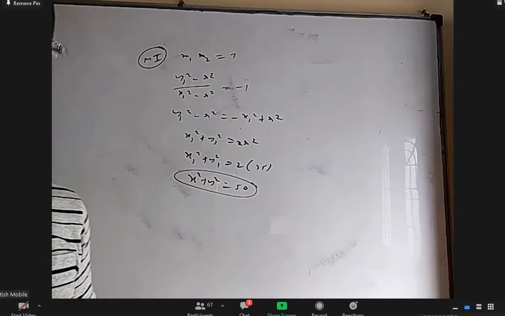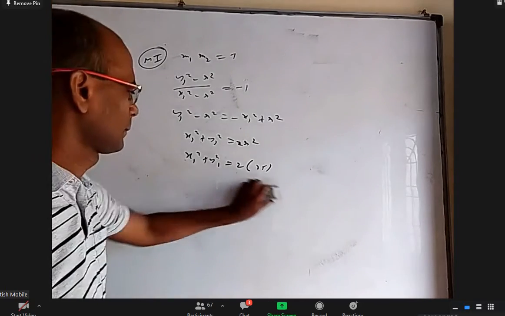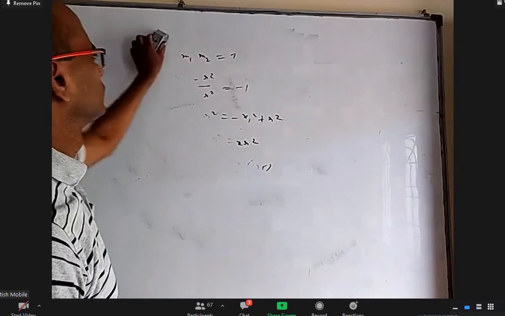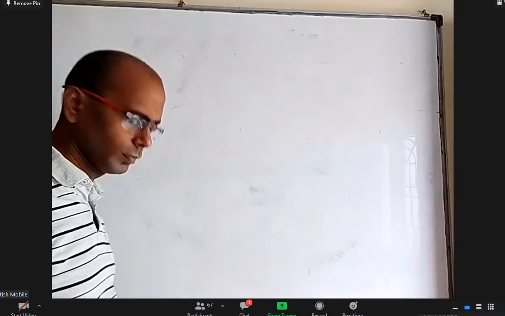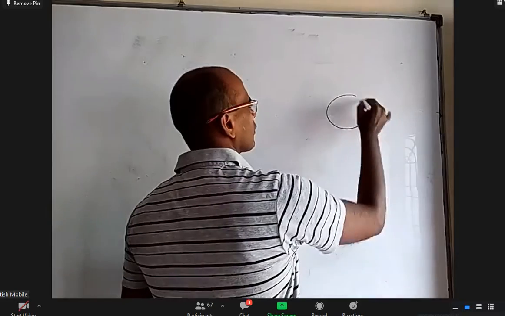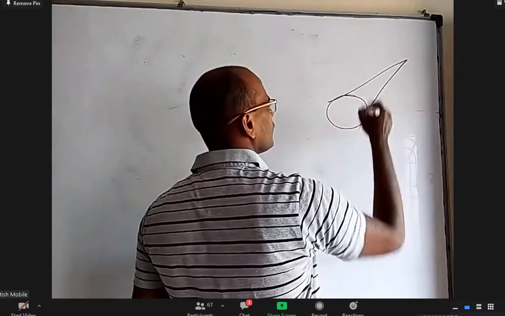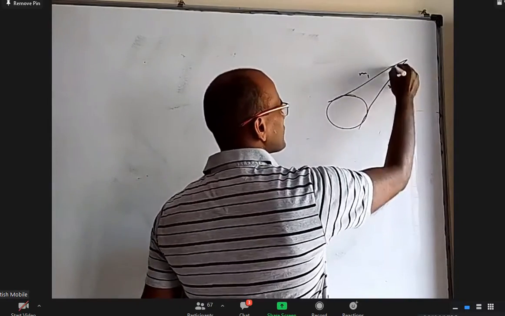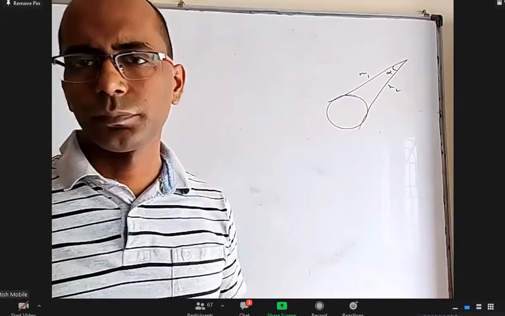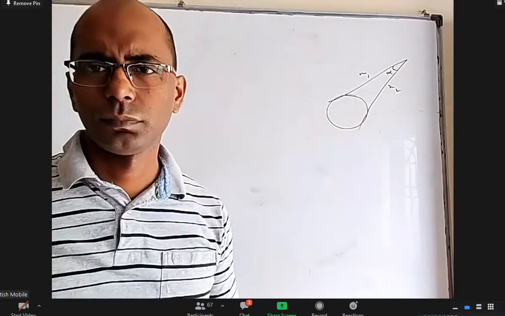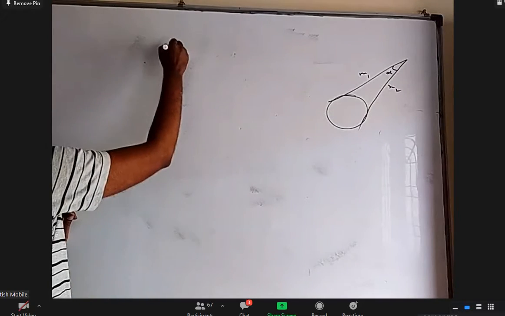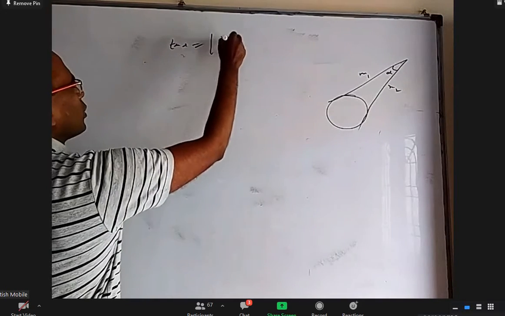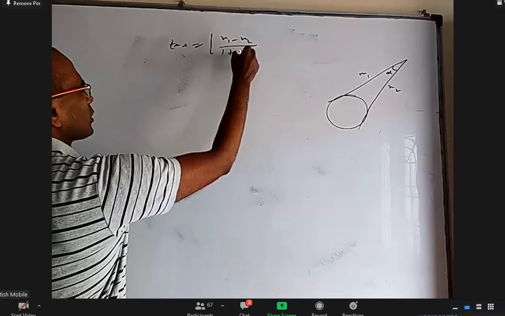Anybody want to give an idea how you do this? If this slope is m1, this slope is m2, this is alpha. What is the formula connecting slopes and the angle? Tan alpha is equal to mod m1 minus m2 by 1 plus m1 m2.